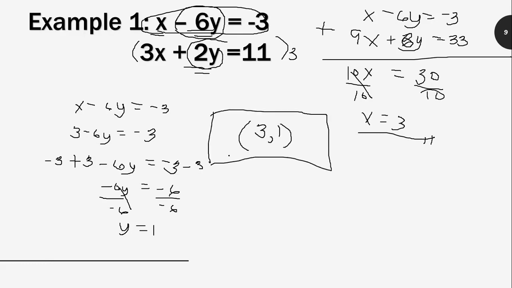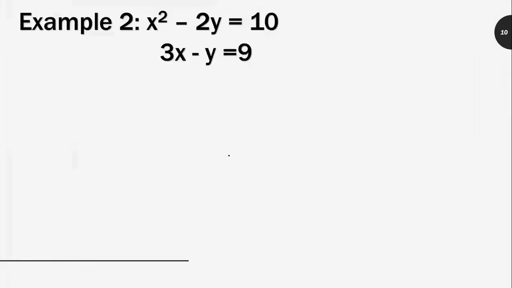3, 1. Example number 2, x squared minus 2y is equal to 10. And equation 2 is 3x minus 2y is equal to 9. So we have to find the value of x. So ito ang tatanggalin natin. So ano ang opposite ni negative 2y? Positive 2y. Anong gagawin ko kay negative 2y para maging positive 2y siya?